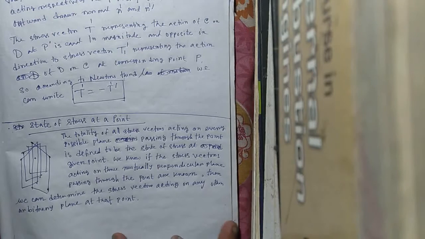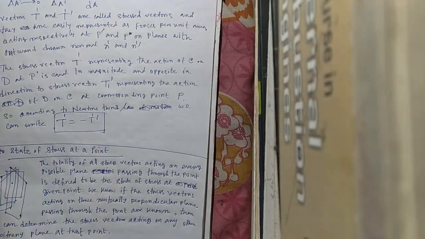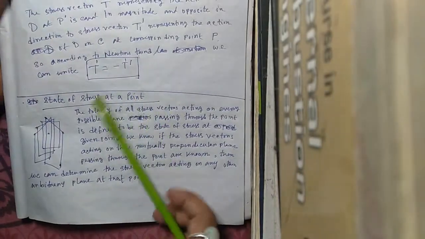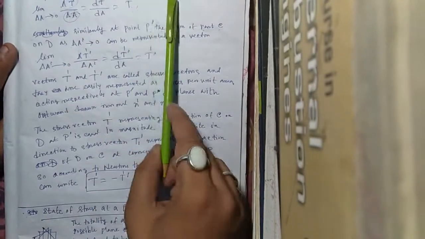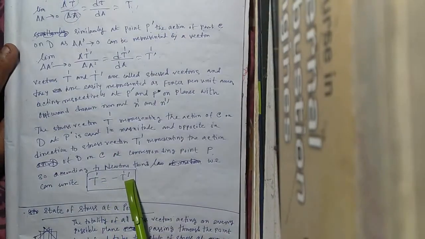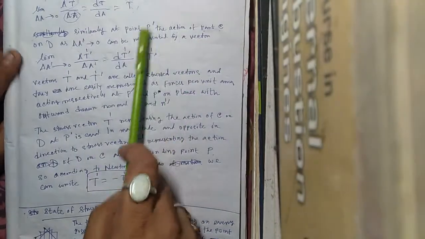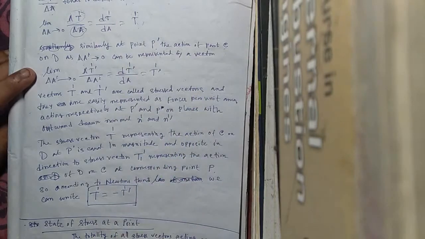Let's discuss normal and shear stress components. This is the state of stress at a point. In the previous class we studied these stress vectors t1, t1 dash. That is the previous lecture's material.